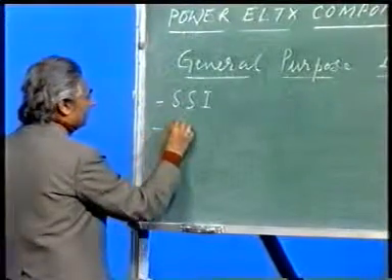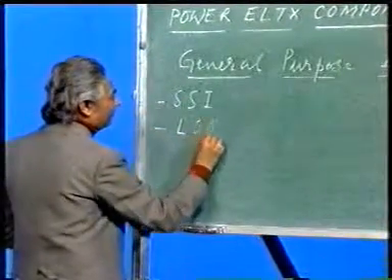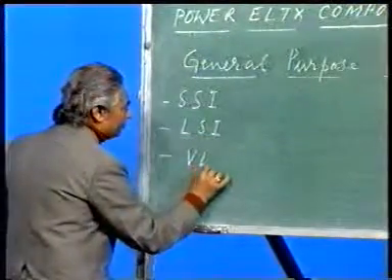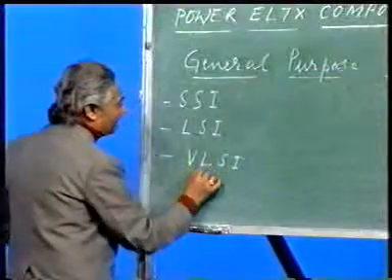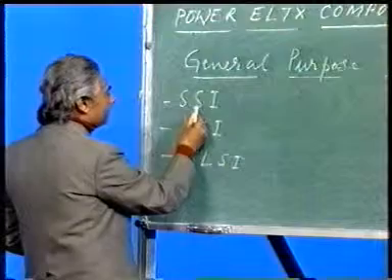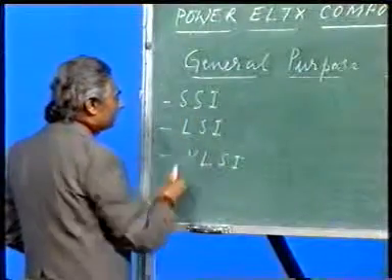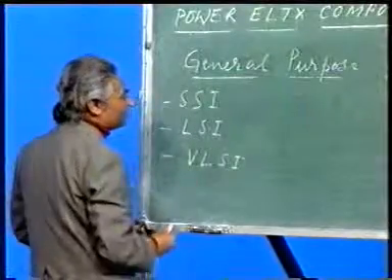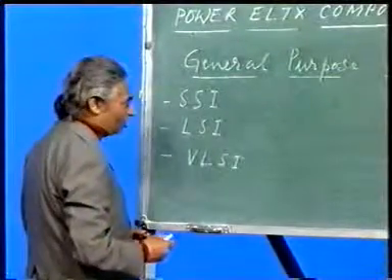The other one is LSI, large scale integrated circuits, and the third one is VLSI, very large scale integrated circuits. Naturally, as the name suggests, SSI will have a lesser number of components, LSI will have many more, and VLSI will have a very large number of components, such as microprocessors and all.